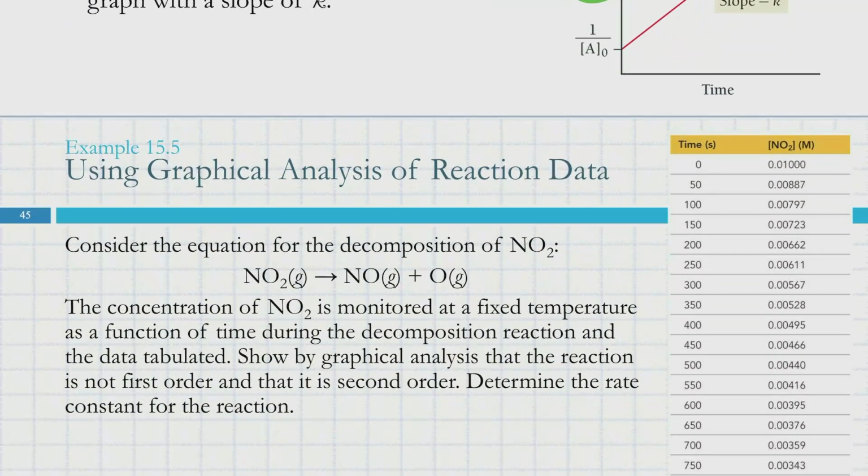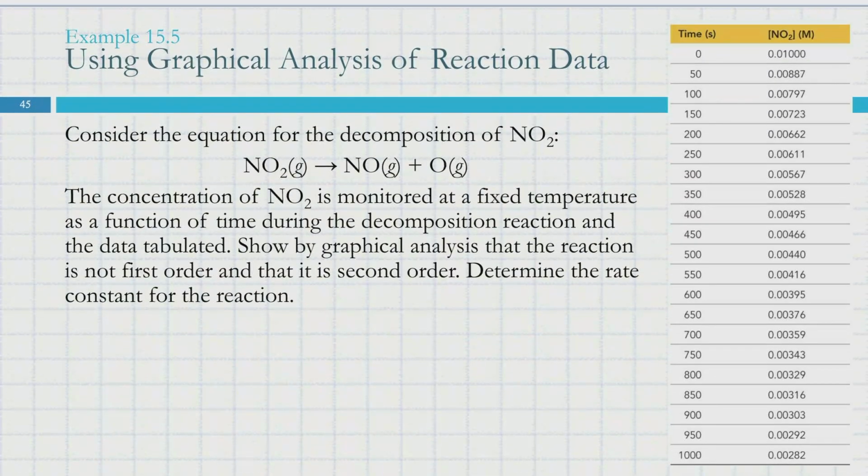We can also do graphical analysis of reaction data for something that's second order. Obviously, this would take you a while to plug in, especially on a calculator. This is just an example, so we'll see it plotted out. The important thing is that we're trying to show that it's not first order and that it is second order. So we would do a first order plot where y is the natural log of the concentration.